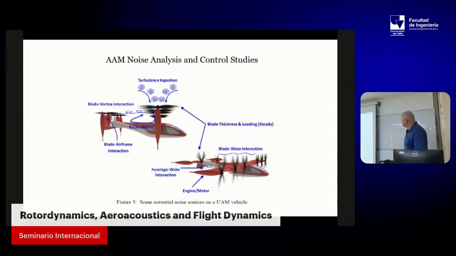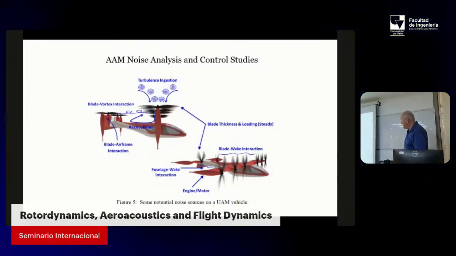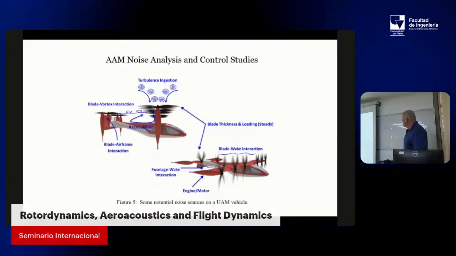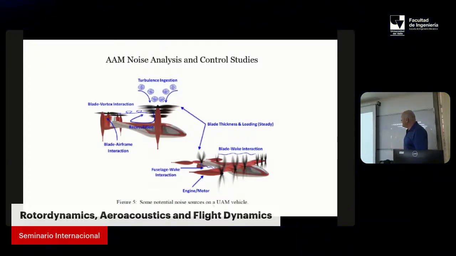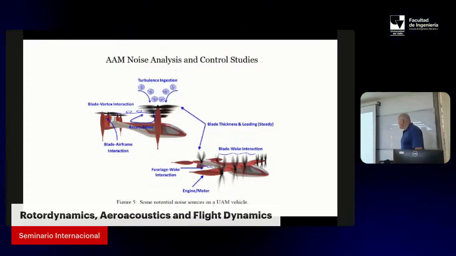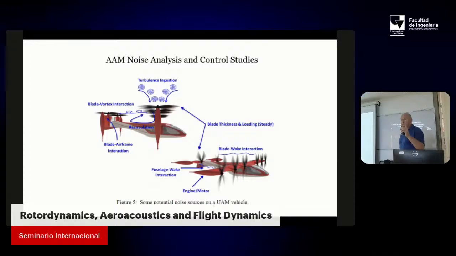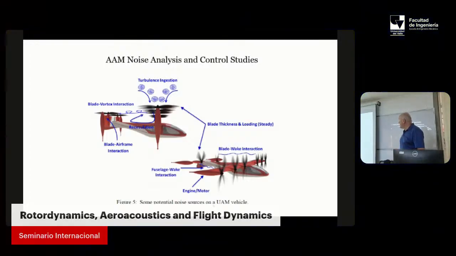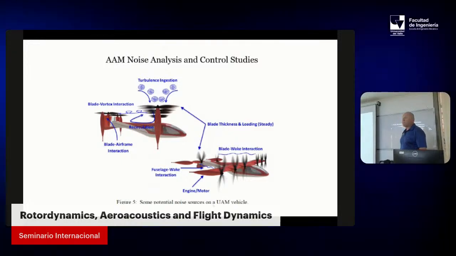Anyway, the noise sources which we're interested in, which contribute to the overall noise signature, are first of all, for the helicopter, that's our original benchmark, for the single rotor helicopter, most of the noise produced is called blade thickness and loading noise.